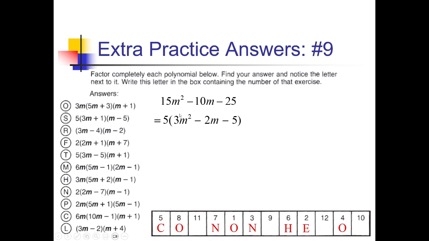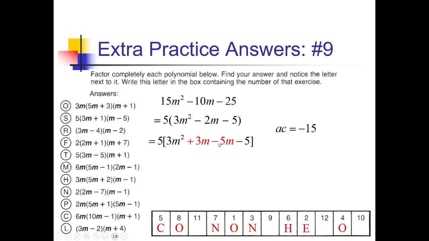So we have 3 times negative 5 giving me an AC value of negative 15. And then I need factors of negative 15 that add up to negative 2. 1 and 15 doesn't work, but 3 and 5, if I have a positive 3 and negative 5, that'll work. So let me split up this negative 2m to be a plus 3m minus 5m.